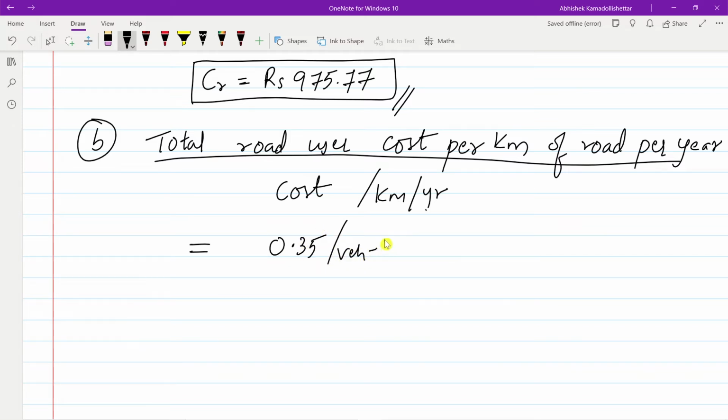I am writing the units here because that will help us to understand.